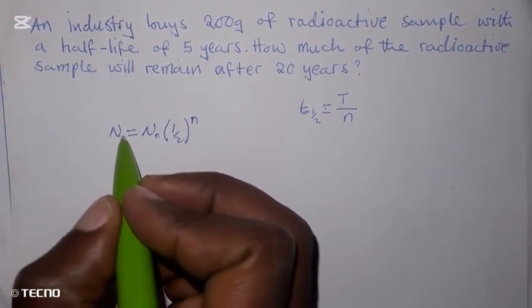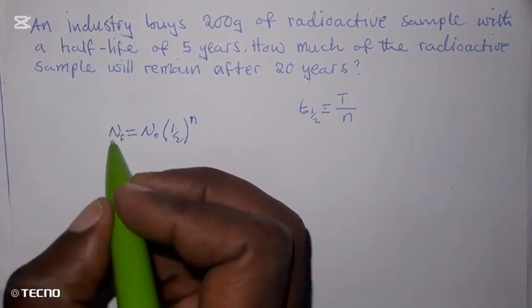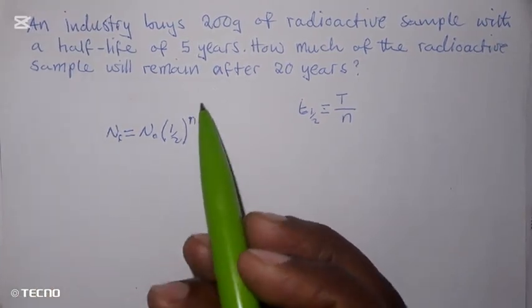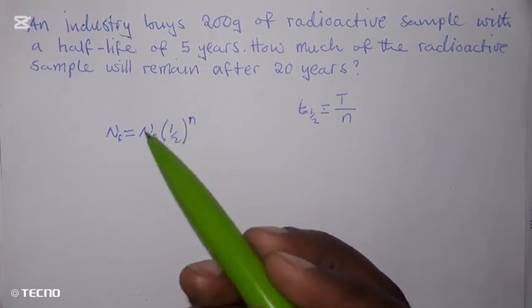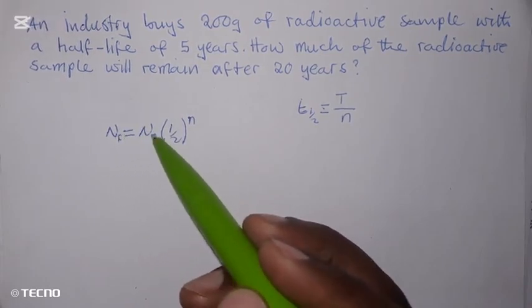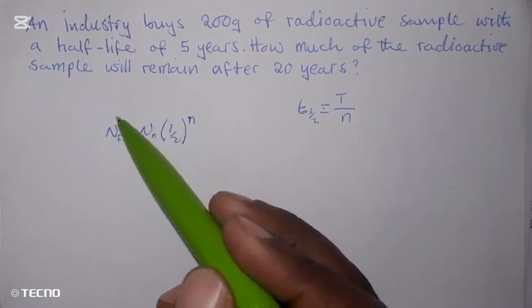Then this one here we can put N f. It represents the amount that will remain after the given sample has decayed. So what will remain is represented by this N, then N initial represents the initial amount. This is the remaining amount.